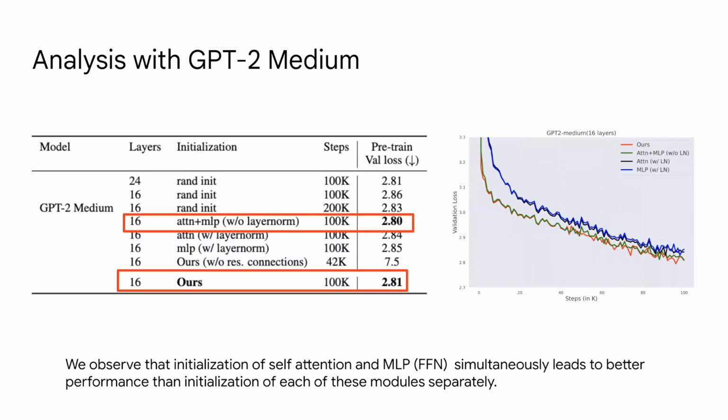The best results we have gotten so far is with this form of Inheritune initialization from the reference model, when you initialize both the attention and the MLP layers. This is important, because the prior works were mostly initializing only the attention heads.